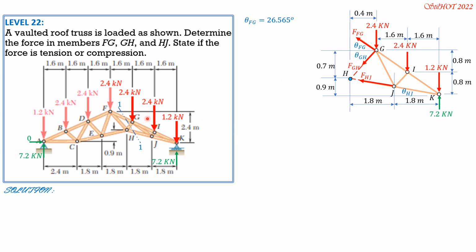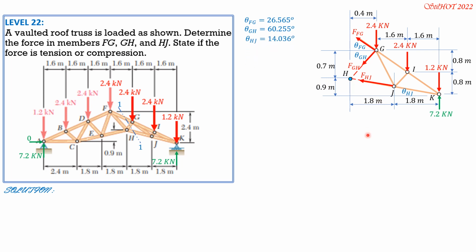Why? Because here it is arctan of 0.8, remember, the vertical distance between FG is 0.8, divided by 1.6. So that's 26.565 degrees. Theta GH is arctan of 0.7 over 0.4, so 60.255 degrees. While theta HJ is arctan of 0.9 over 3.6, or arctan of 0.45 over 1.8.